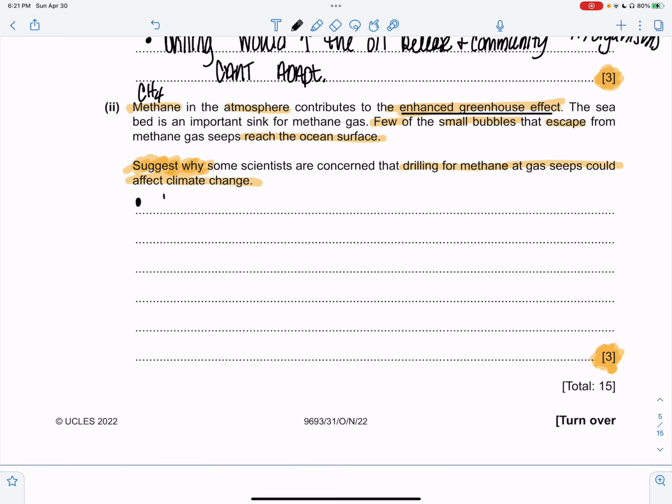And so this will cause more methane to escape. We already have few bubbles escape, and they said of the few that escape, few of them actually reach the surface. So we're going to encourage more to be reaching the surface and rise to the surface.